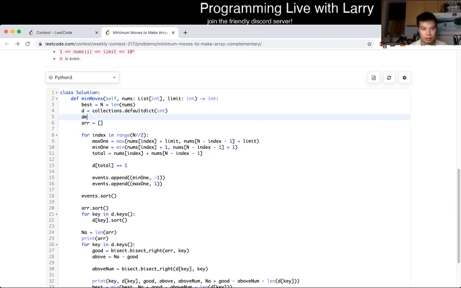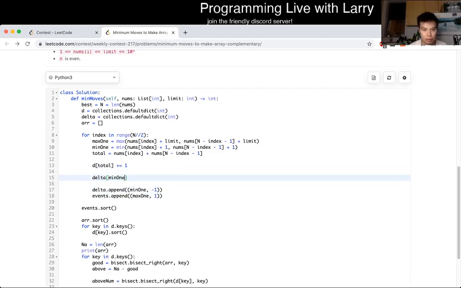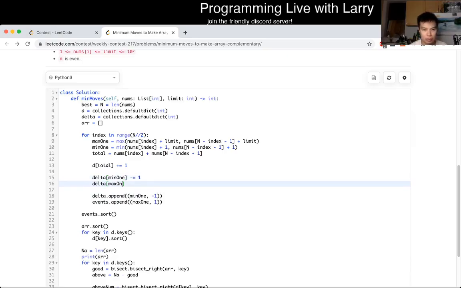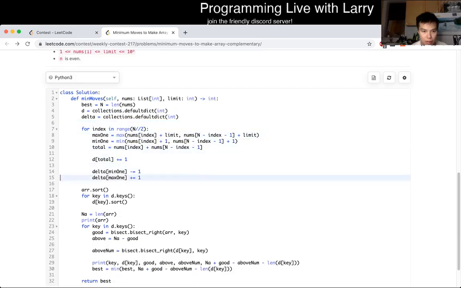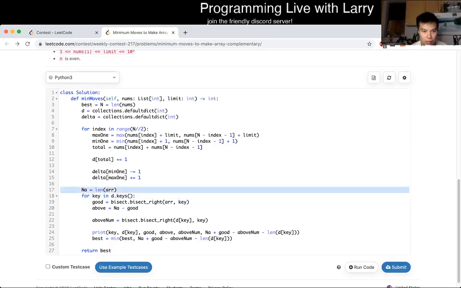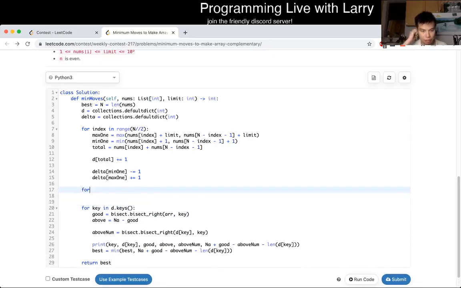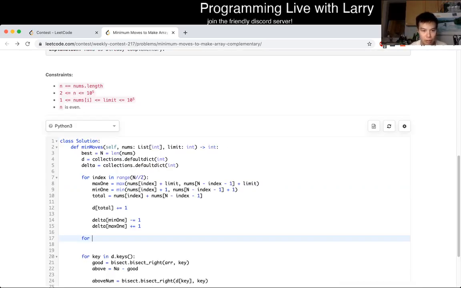I need this. And now we go for max total.